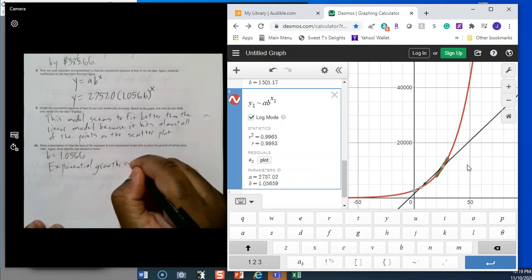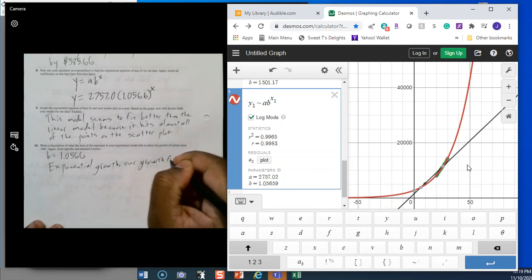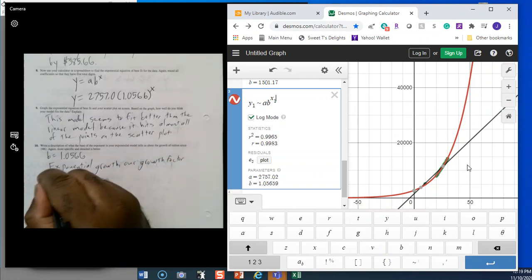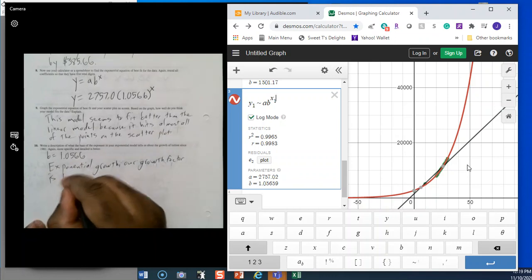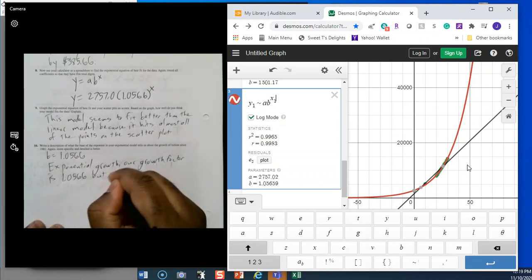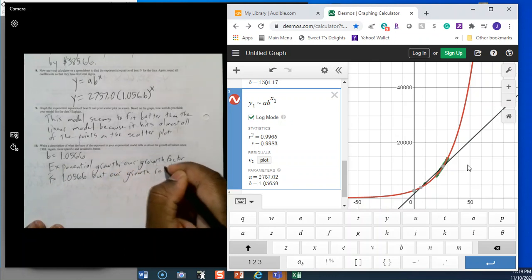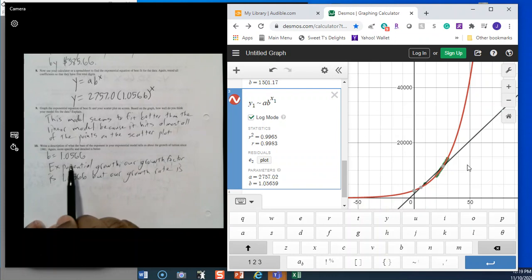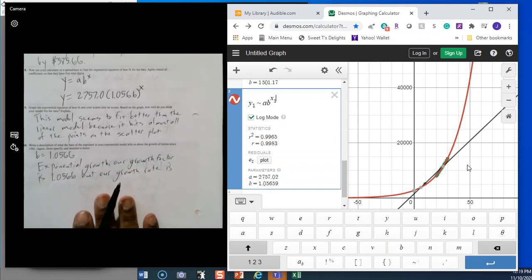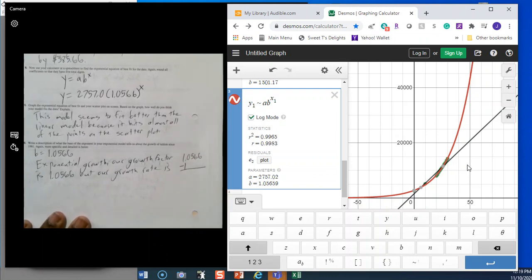And we could put our growth factor is 1.0566. But our growth rate is, now, to get your growth rate, and I'm going to write this off to the side, you would take your growth factor and subtract 1 from it.